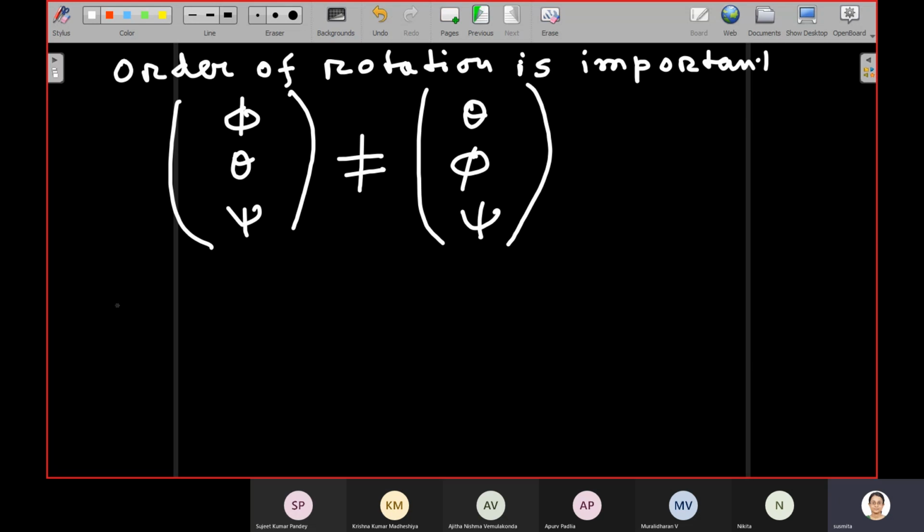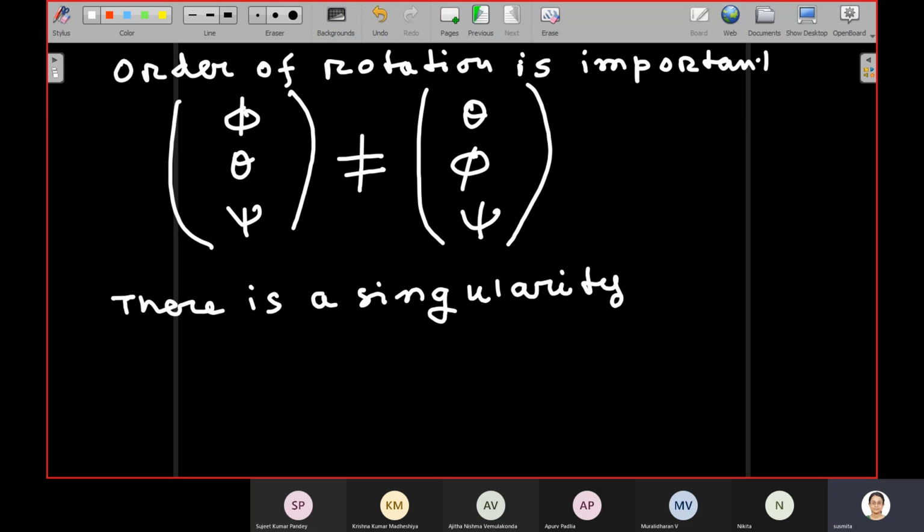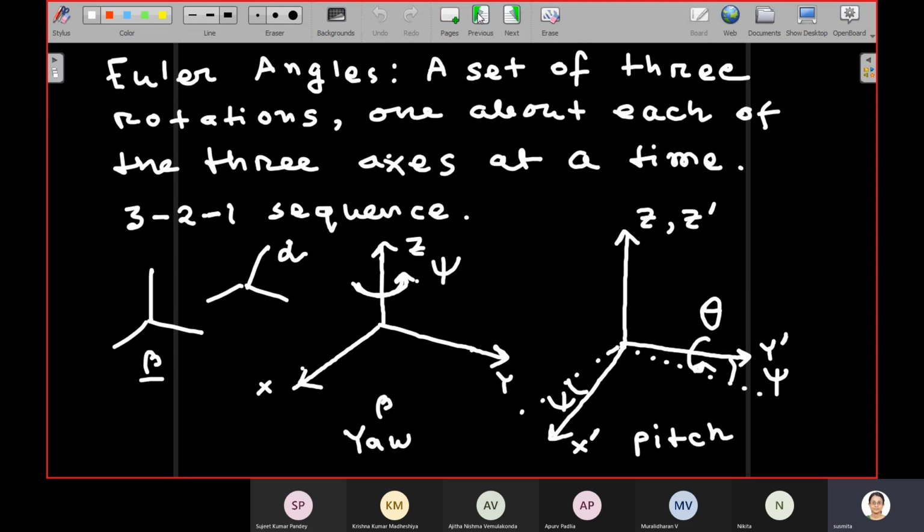Then in the 3 to 1 sequence, there is a singularity at plus minus 90 degrees pitch. What does it mean? See, the pitch rotation is applied about this y prime axis, right?